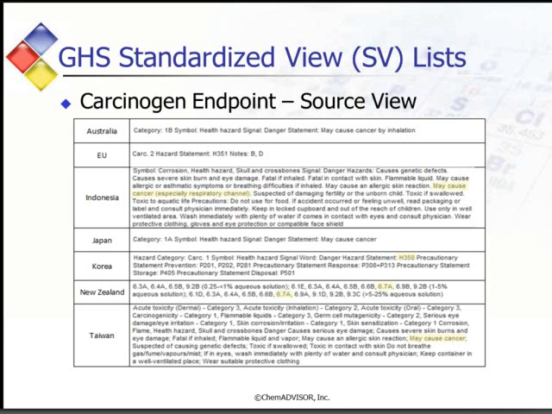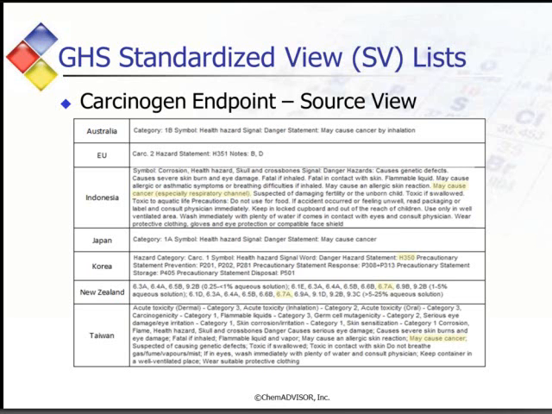And Indonesia publishes the hazard statements as well as the symbols and signal words. And you see buried in there may cause cancer, especially respiratory channel. And then for Korea, publishes H350 is the hazard statement code to indicate carcinogen classification.